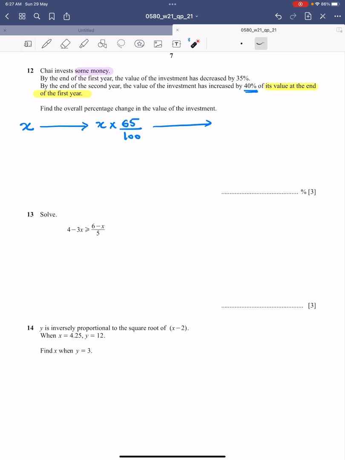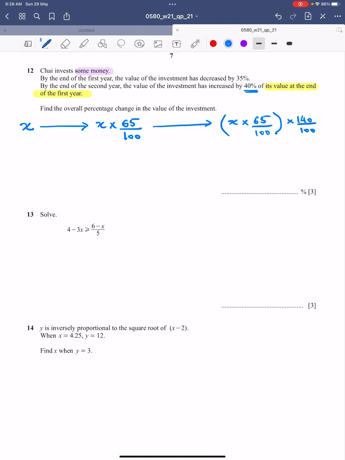Now, we are talking about the value at the end of the first year. So, we write it as it is, X into 65%. All of this will increase by 40%, so it will become 140%.